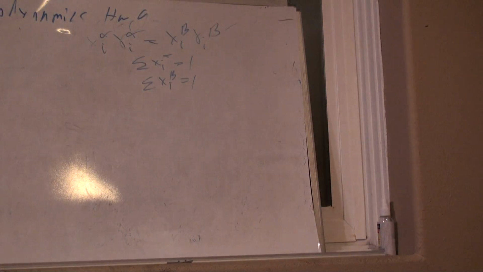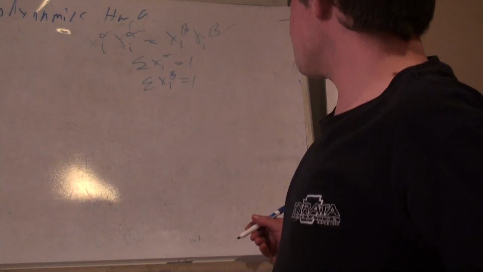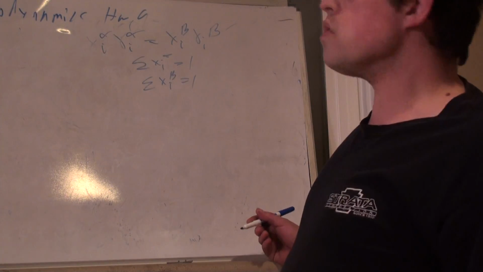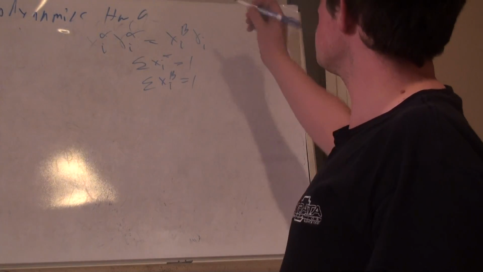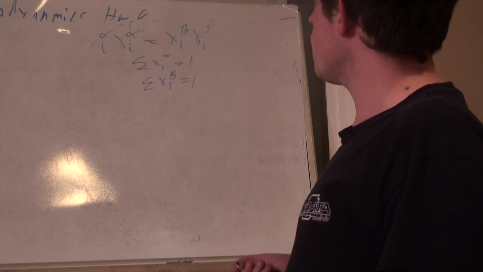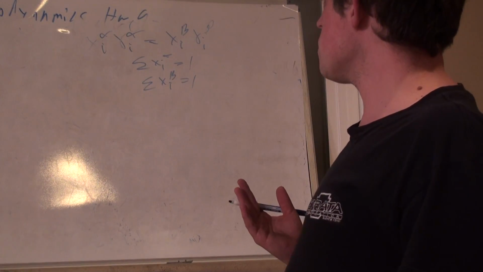It says I know T and P, and I need to find the composition of each liquid phase. So I have 4 equations and 4 unknowns, so I know enough to solve this problem.